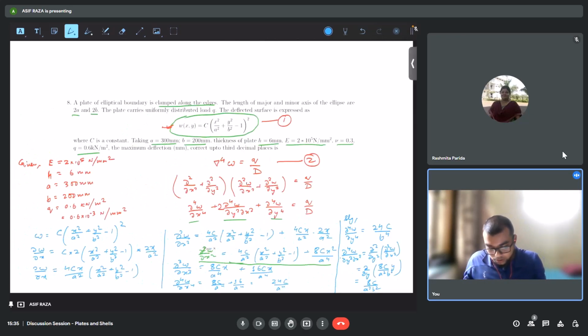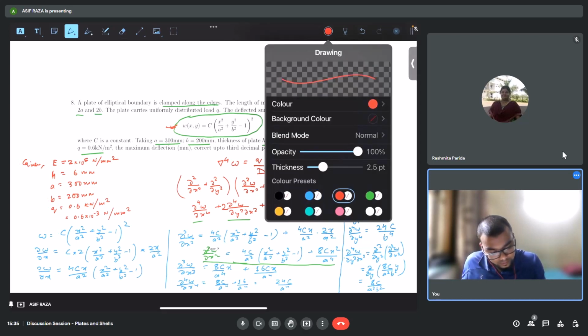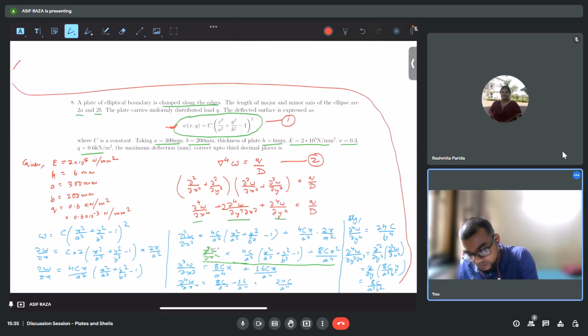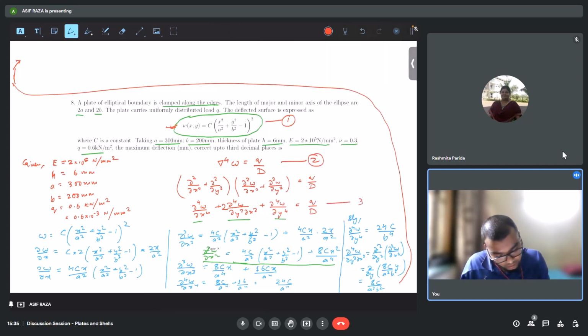Okay, so I don't have space here, I'll just move on. We have equation number 3 also.